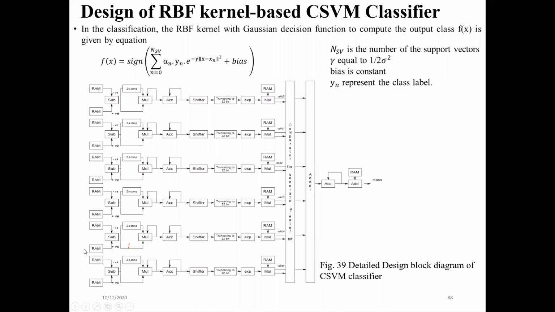So if I want to implement in hardware or in VLSI, I require a number of multipliers, a number of accumulators, 2's complement for negative values, subtractors, random access memory to store the values, shifters, and truncation to 32-bit.